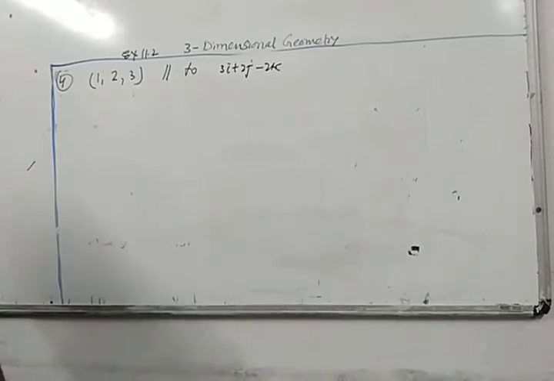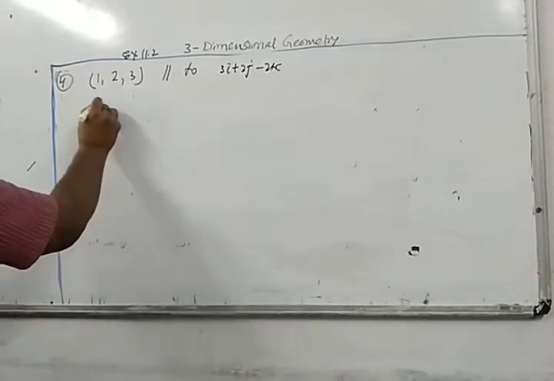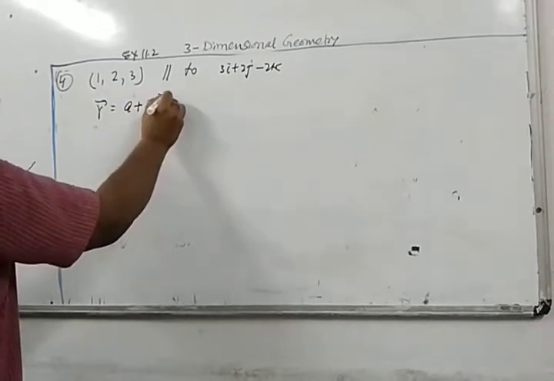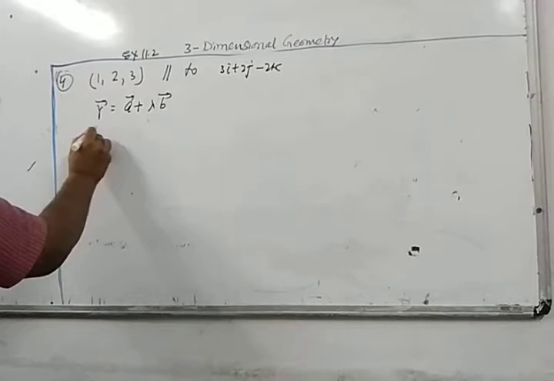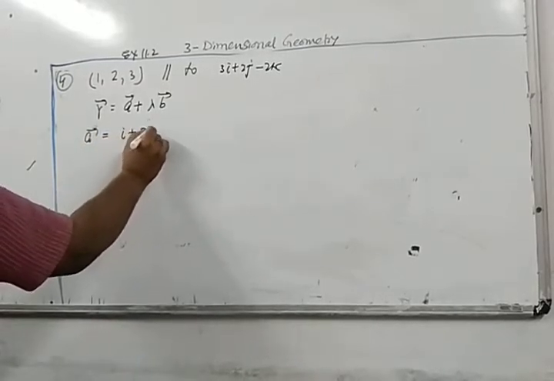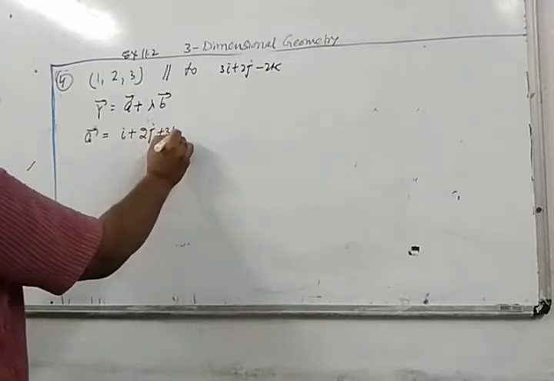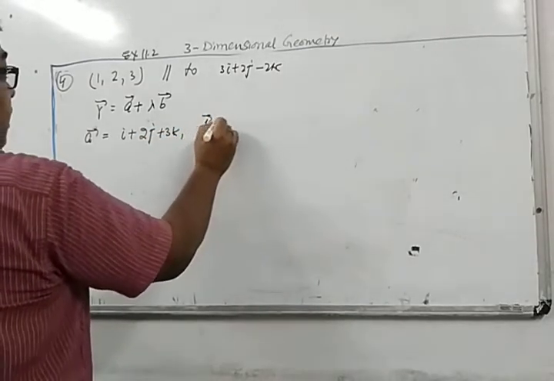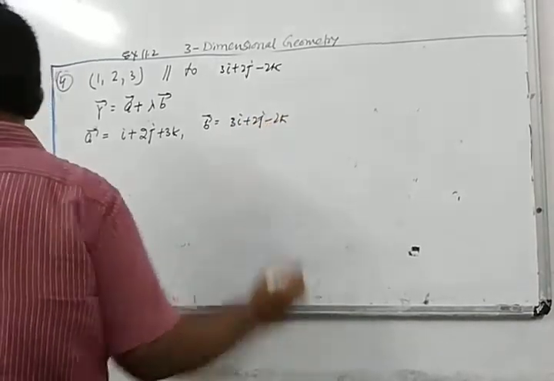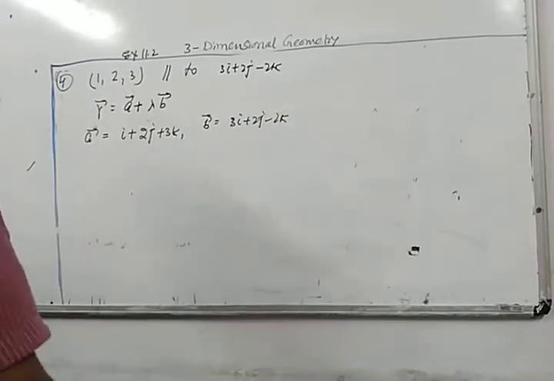We have to find the vector form, and the formula is r = a + λb. So a would be i + 2j + 3k, and b is already given here, 3i + 2j − 2k. It is a direct formula-based question.